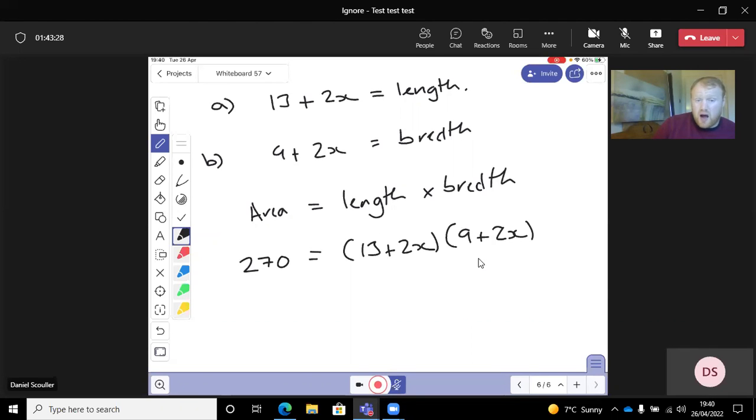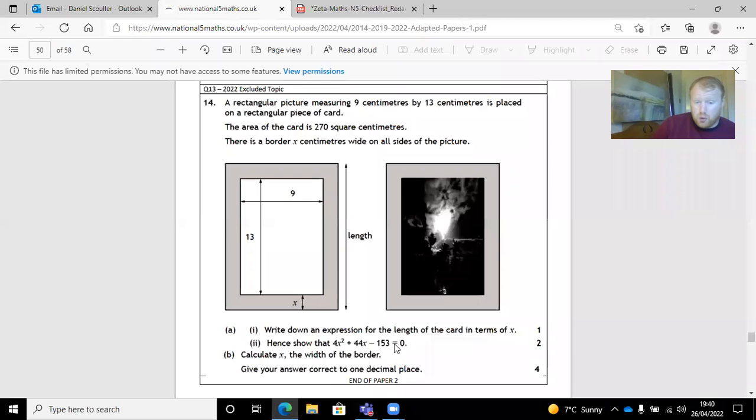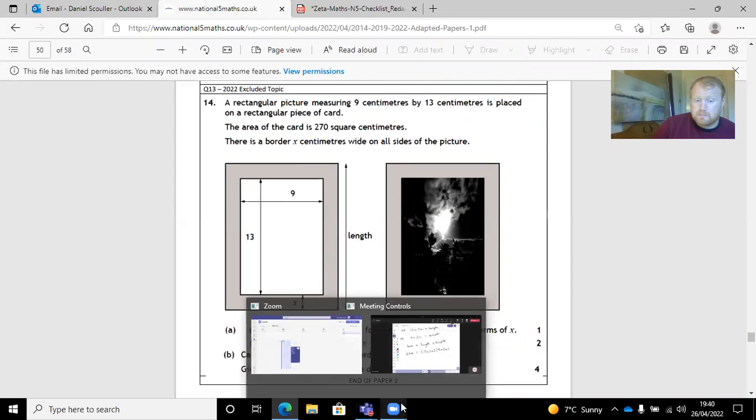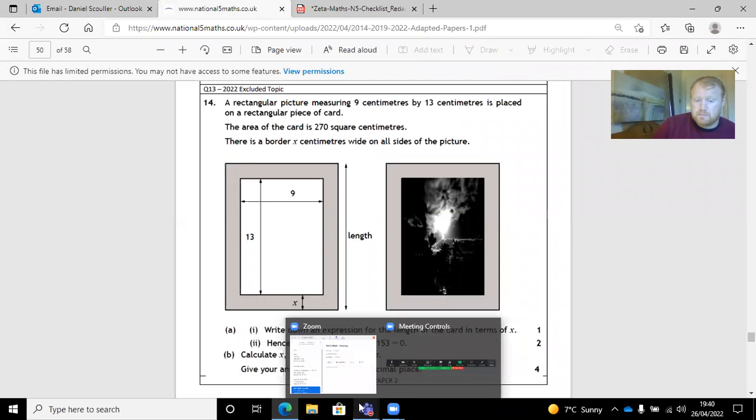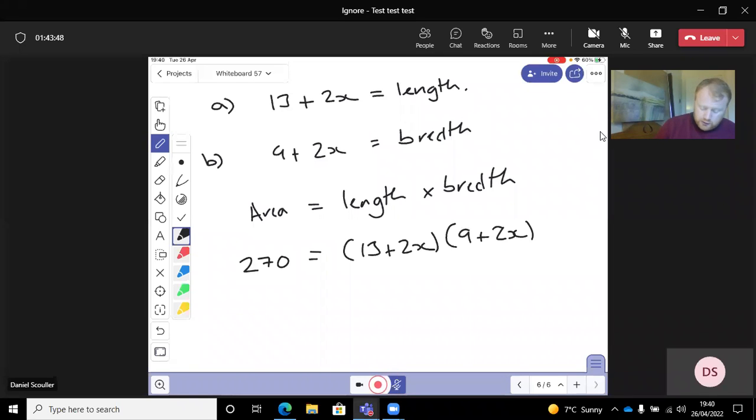Now, a lot happens before you get to this stage, and I get that. But this is where it wants you to get to, and then you multiply everything out, and then you tidy it up, and hopefully you get this expression here. Okay, so let's do that. 270 is equal. So breaking up these brackets, 13 times 9.